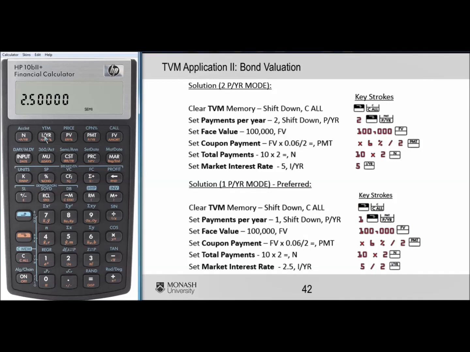To solve for the price of the bond, press PV, and this is your final answer, 107,794.58. Alternatively, you can use 2 payment per year mode, and everything is the same except for the market interest rate, which has to be a full per year figure.